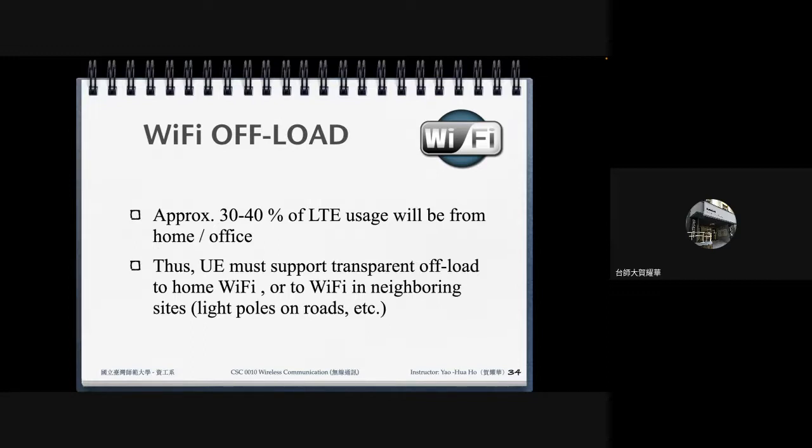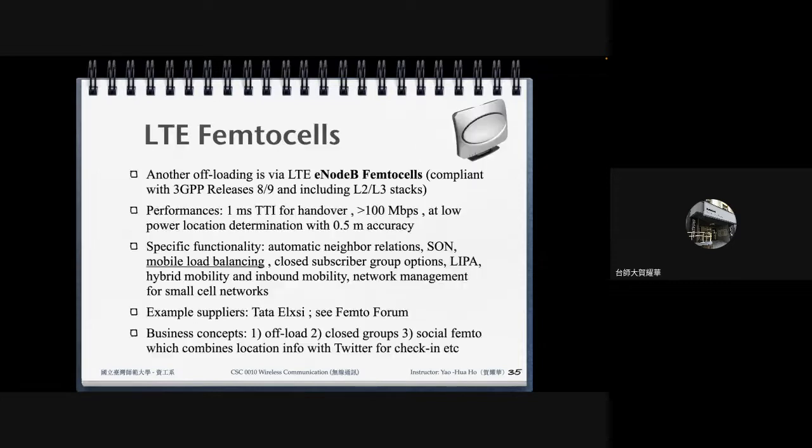Later on, we'll talk about the femtocell. Because they are able to use Wi-Fi offload, they have also reduced the cellular base station size to the femtocell. LTE provides a femtocell node, which is much smaller and can handle up to 100 megabits per second.